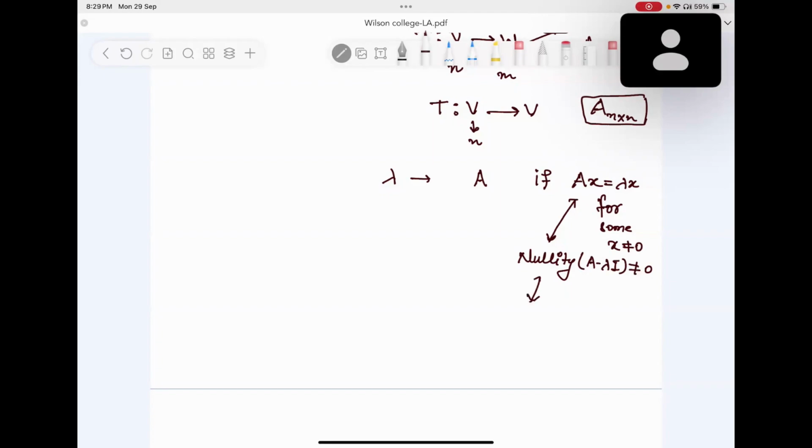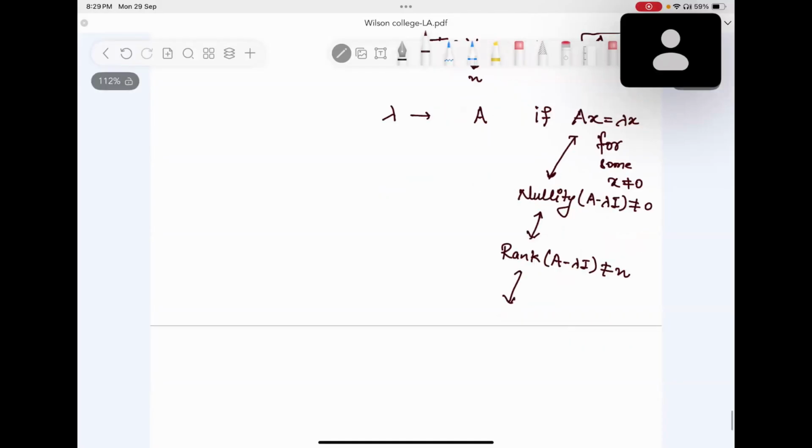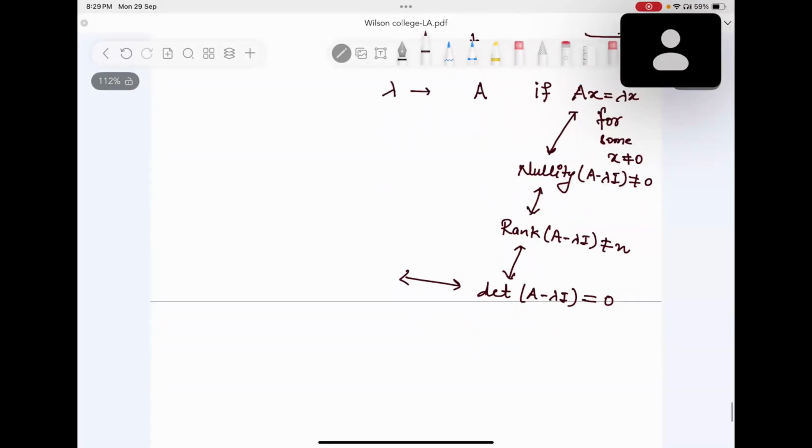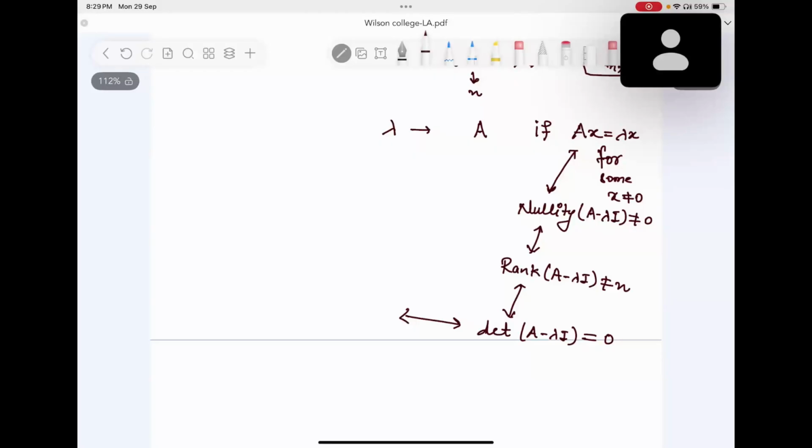This is if and only if the rank of A minus lambda I is not equal to n. This is if and only if the determinant of A minus lambda I is equal to 0. This is if and only if A minus lambda I is not invertible.